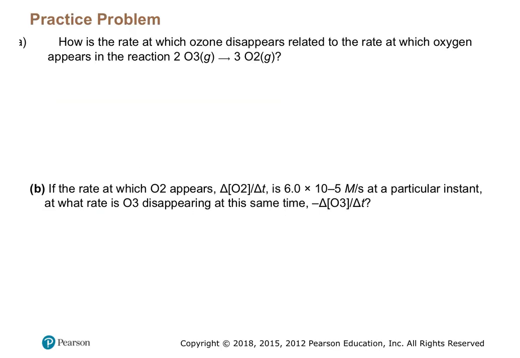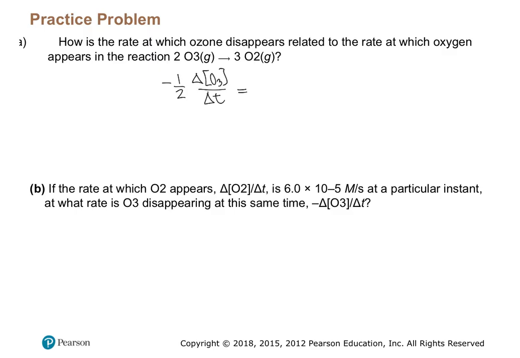So let's practice this now. We have this reaction where 2 ozone molecules go to 3 oxygen molecules. It says, how is the rate at which ozone disappears related to the rate at which oxygen appears in the reaction? So we have the rate, negative 1 over 2 times change in ozone over change in time.